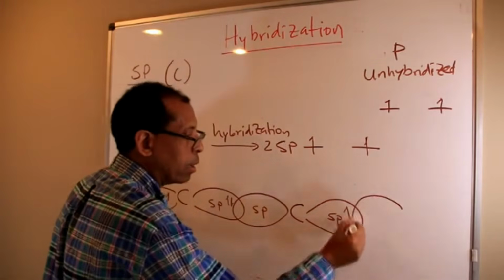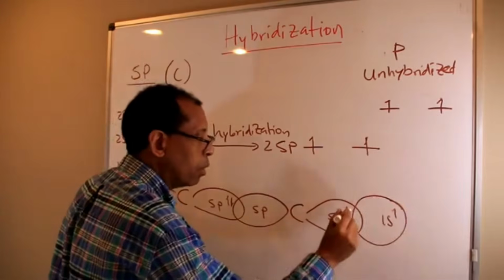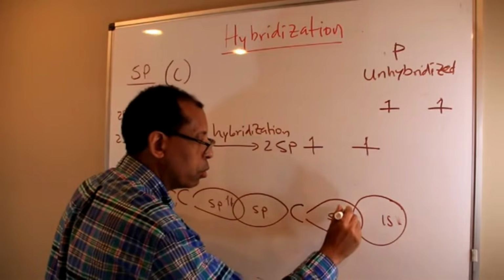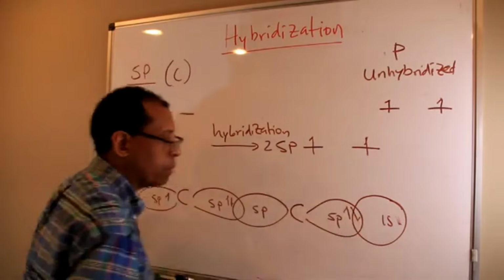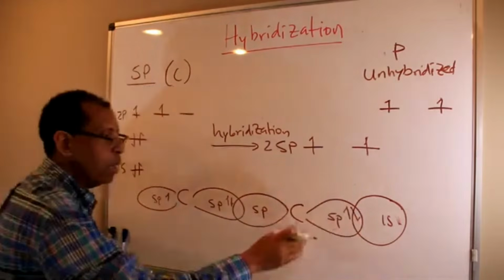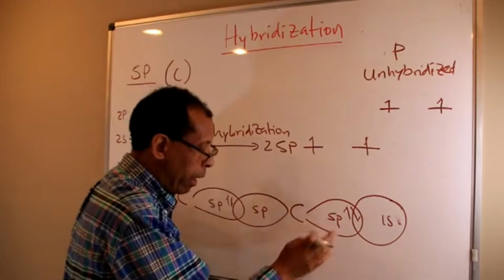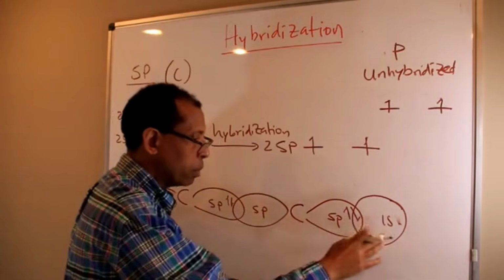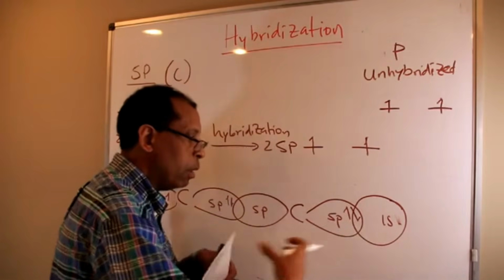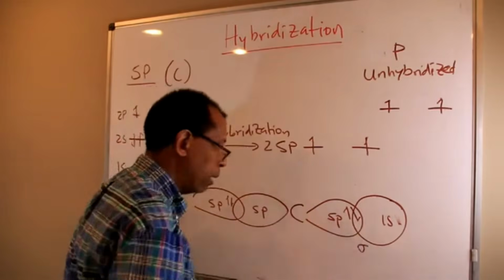Hydrogen has one s with one electron to make a bonding situation like this. That is a sigma bond. Remember, a hybrid orbital with any orbital always makes an overlap, which is a sigma type bonding.